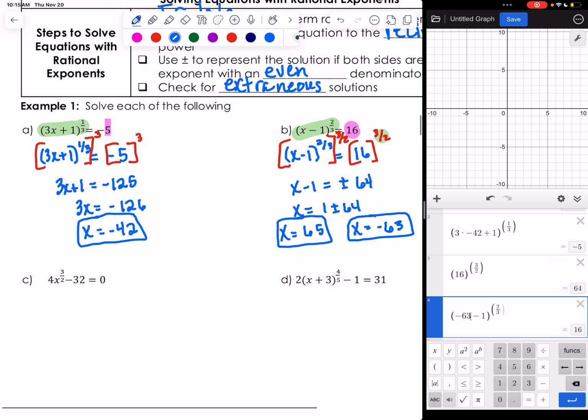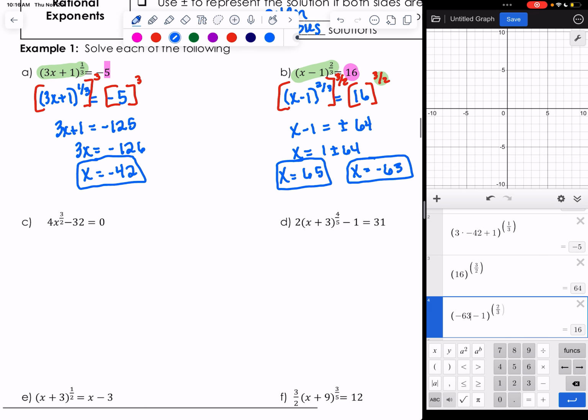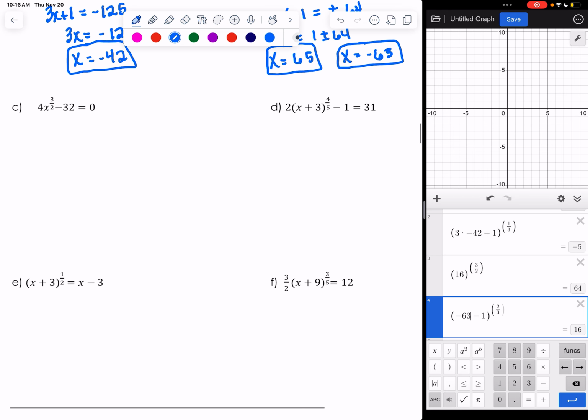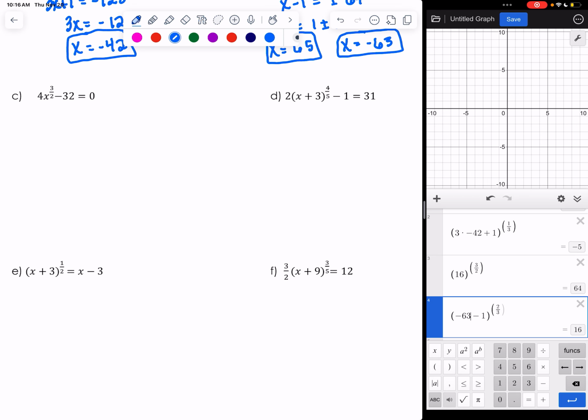All right, problem C. We have 4x to the 3/2 power minus 32 is equal to 0. Now, in this problem, your expression that's been raised to the rational exponent is right here. We want to isolate this x. So I'm going to have to add 32 and then divide by 4.